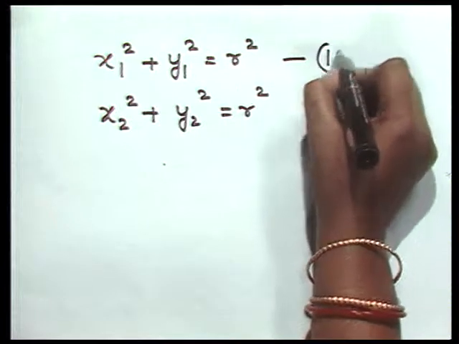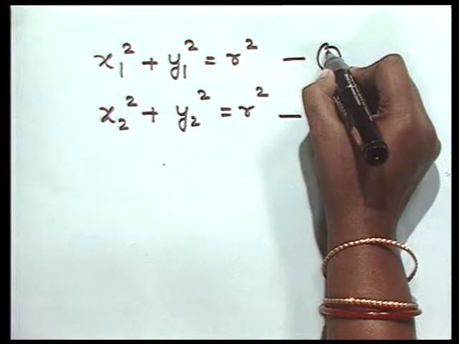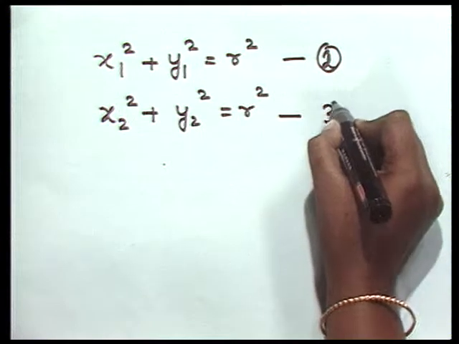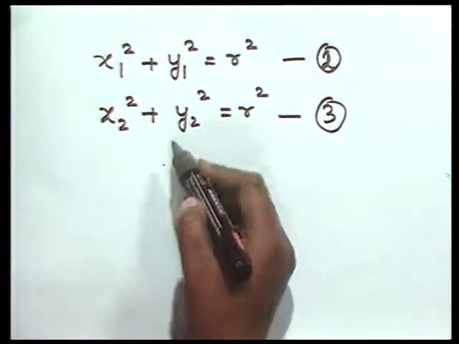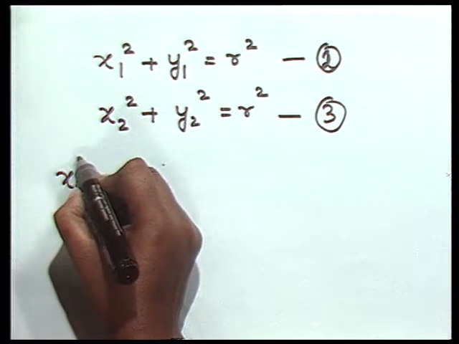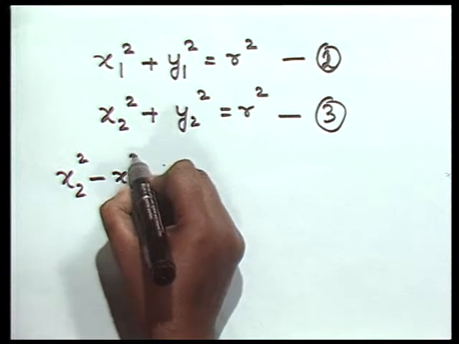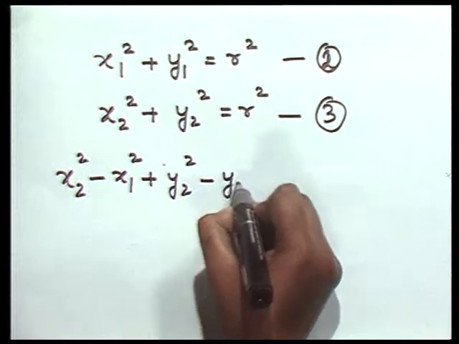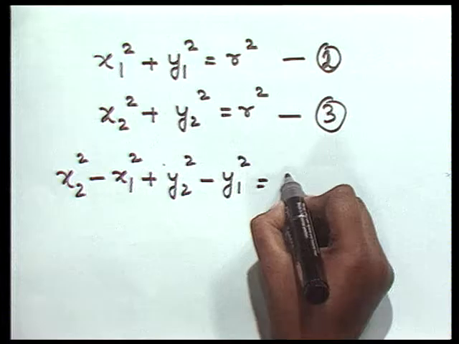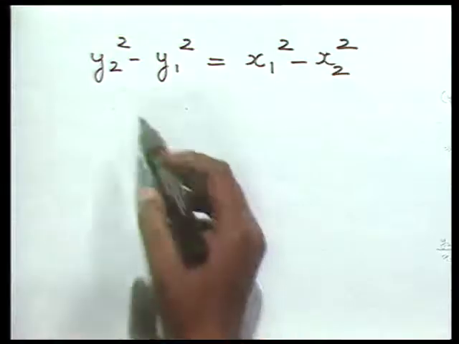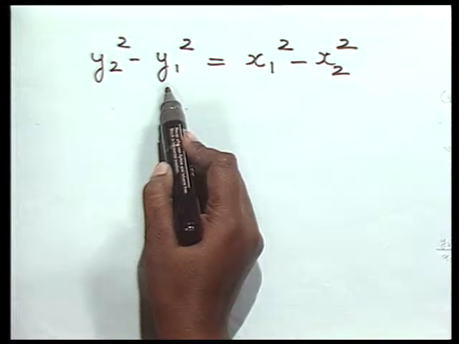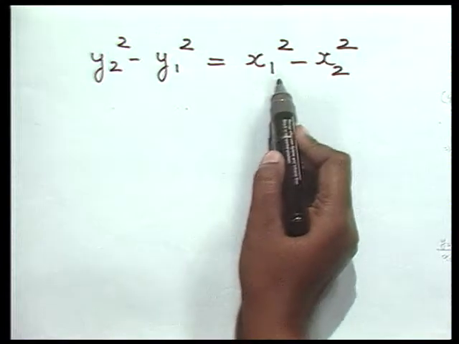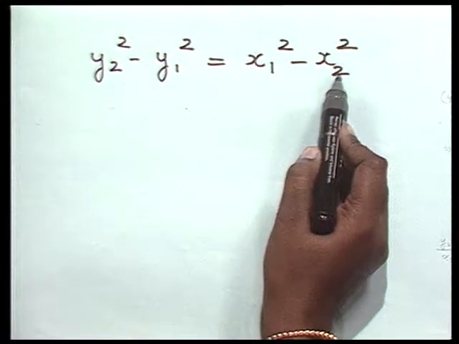If this is equation number 1, this will be equation number 2 and this is equation number 3. Subtracting these two equations, we have x2 square minus x1 square plus y2 square minus y1 square is equal to 0, which on solving further gives y2 square minus y1 square is equal to x1 square minus x2 square.